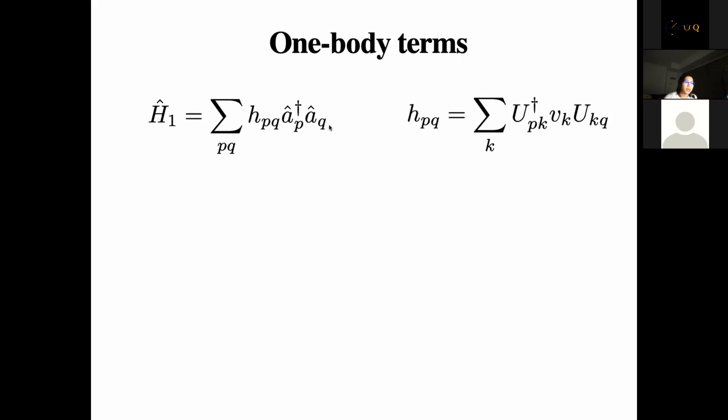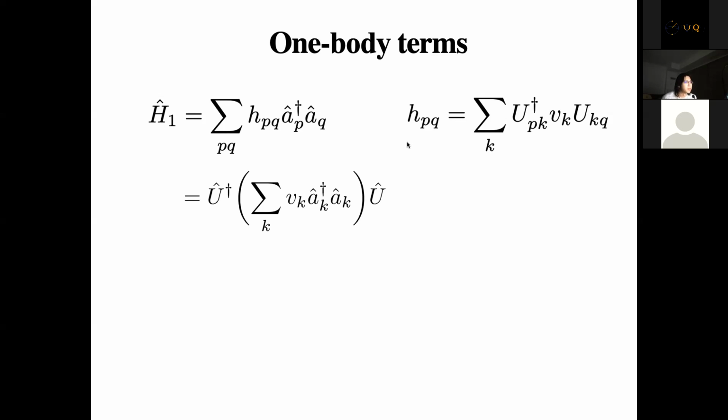Diagonalizing h tells us the unitary, the U_pk matrix, that would in turn allow us to find the unitary operator that we need to apply to the one-body terms.